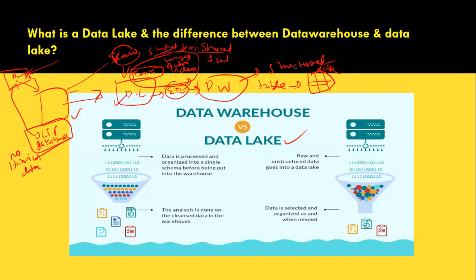So at the end of the day, if it takes more time, it can lead to customer dissatisfaction. They will think, this website is very slow, better I'll go to some other website. So for that reason, to retain the customers and to enhance the customer's experience, we make sure that in the OLTP database, we don't store the historical data.